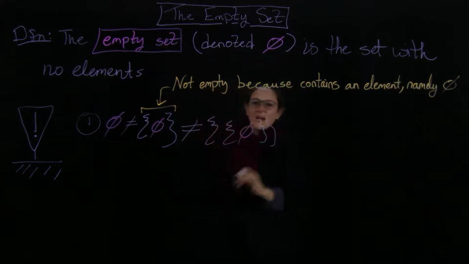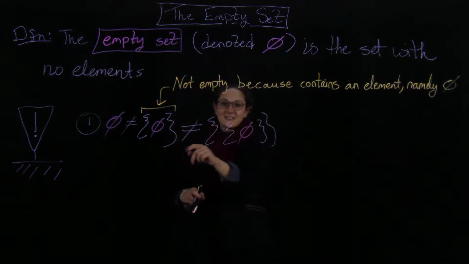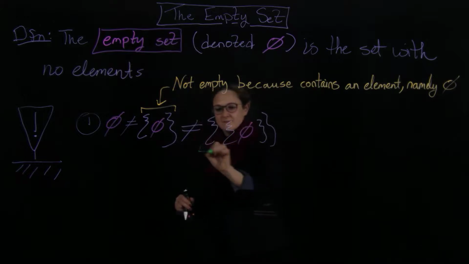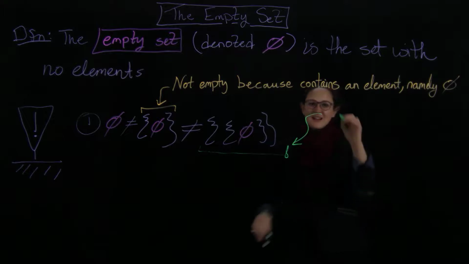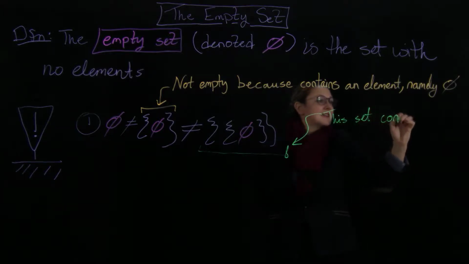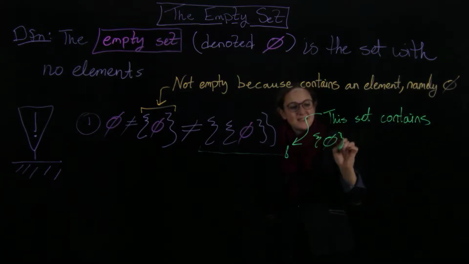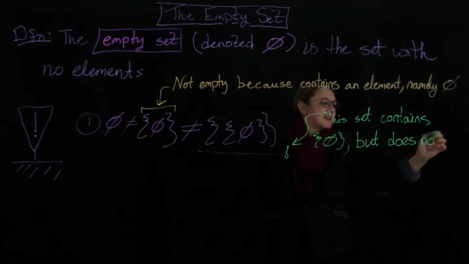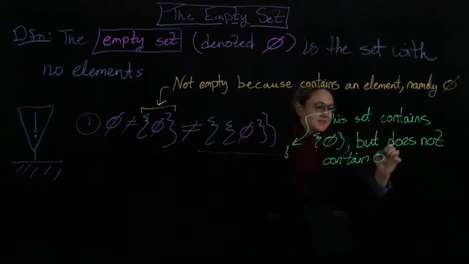One way to see that these are not equal is that this set contains the set that contains the empty set, but does not contain the empty set as an element.